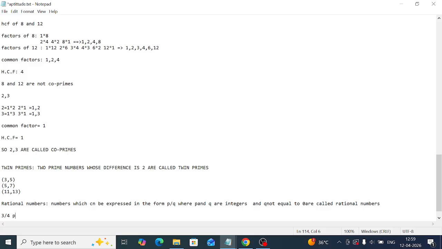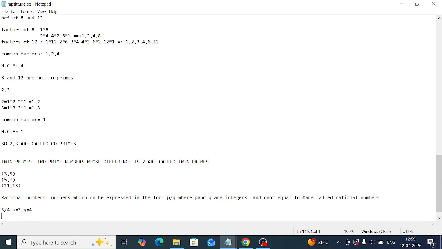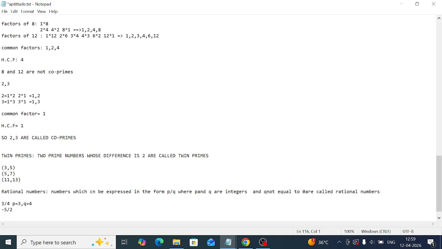And P and Q are integers, and Q not equal to 0. Here is Q 0? No. Q is 4. That is called a rational number. And minus 5 by 2: P is equal to minus 5, Q is equal to 2. So these are called rational numbers.